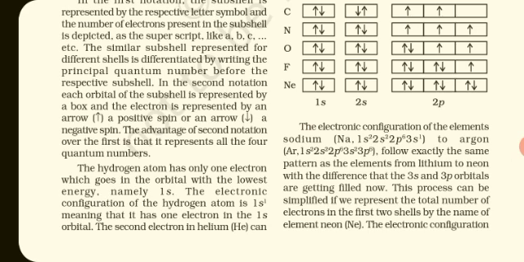This process can be simplified if we represent the total number of electrons in the first two shells by the name of the element neon. So if we write neon in a bracket, that means up to 10, that means the 1s2, 2s2, 2p6 configuration is completed.